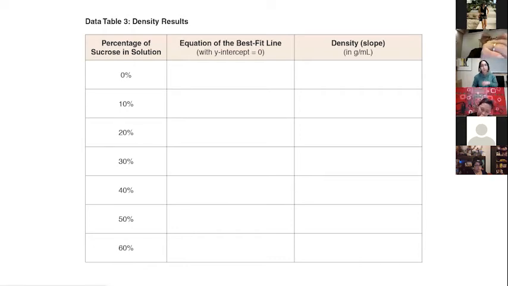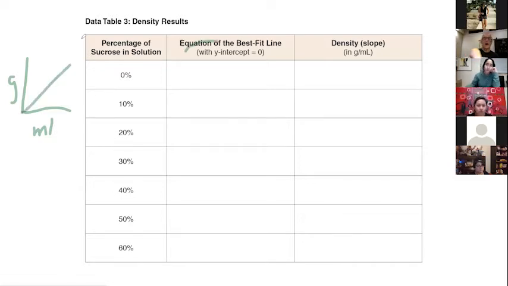So this is how we determine the density of each one of our liquids by looking at the slope of that line. Oops, need my mils and grams. And so the best fit line, you can see right here with y-intercept equals 0. So we're going to force that to be the case.